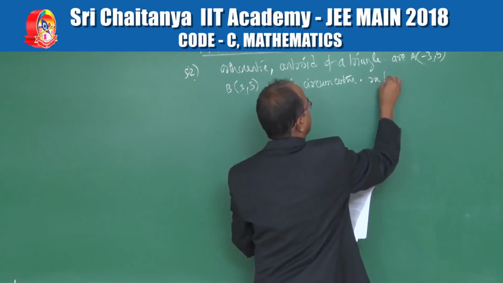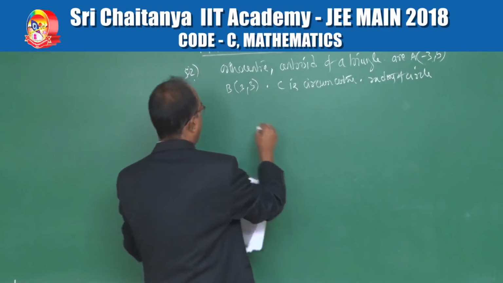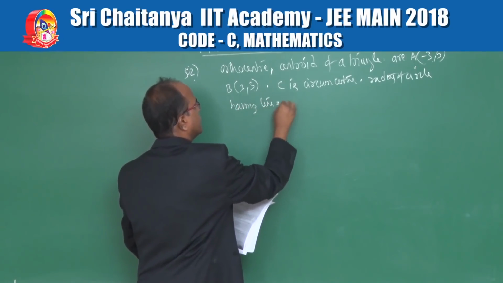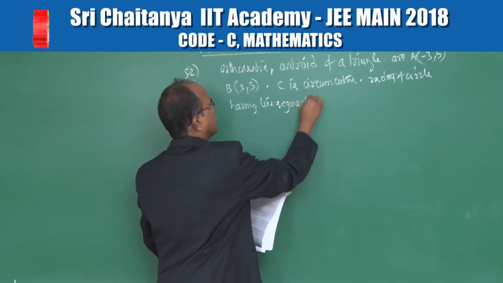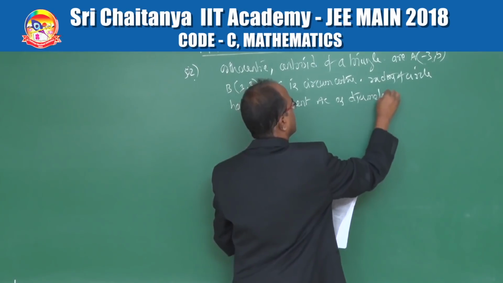The radius of the circle having the line segment AC as diameter.